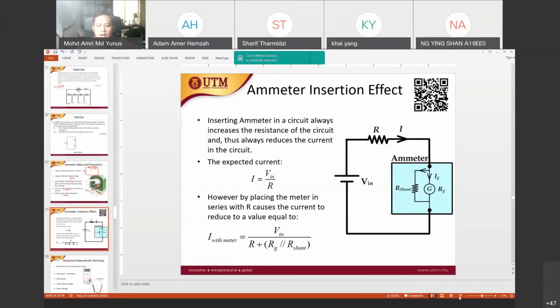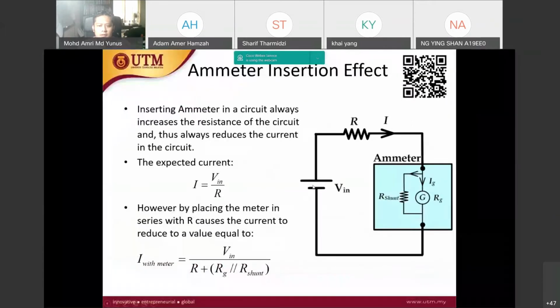So ideally, let's say we have a circuit with V in supply, connected in series with a resistor R. In ideal calculation, we know that the current I is V in over R. But when we connect an ammeter, it is connected in series.